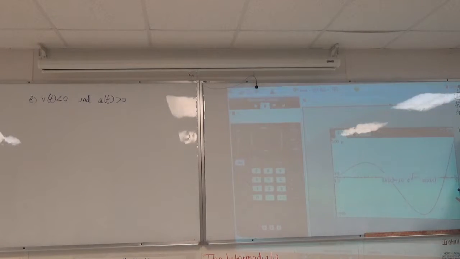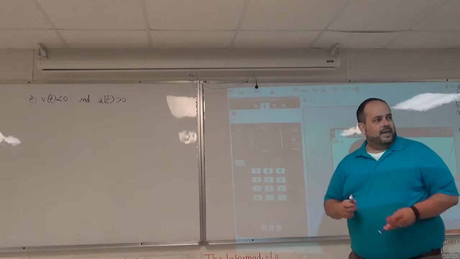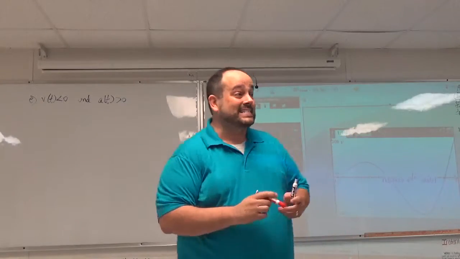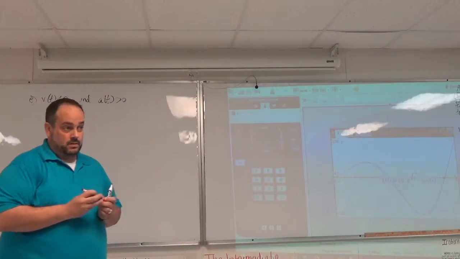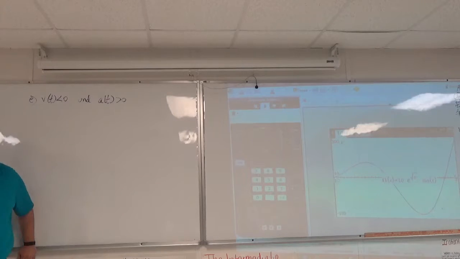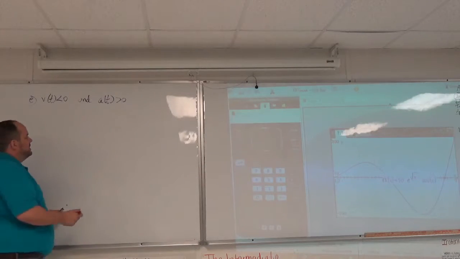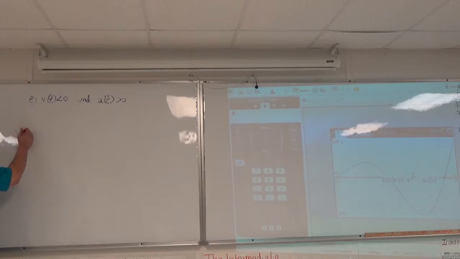I hope the velocity negative part is the easy piece. All right, velocity is negative over here. I was right. Acceleration positive, though, means something. It means something about your velocity graph. What do we know about the velocity graph, if we've already established that acceleration is the derivative of velocity?